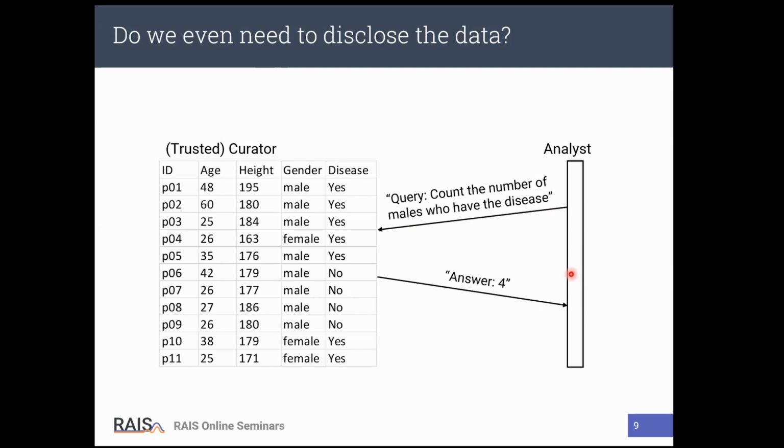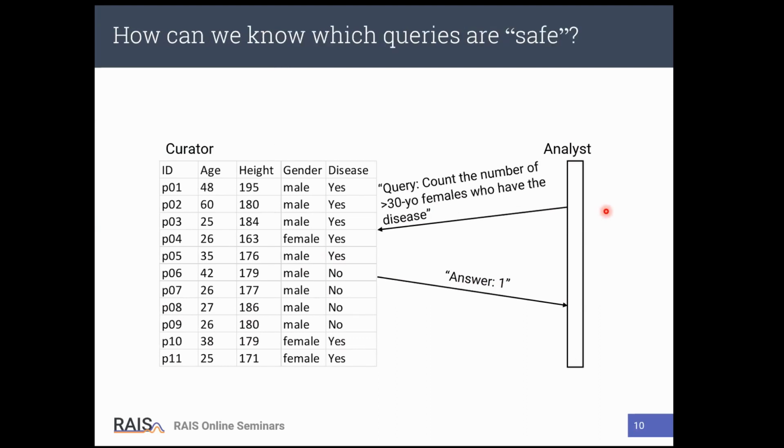And this seems like a pretty straightforward and pretty safe idea. But the problem is that query is a very broad concept, and in principle, there might be many things that can go wrong with this setting. In particular, we don't specify which kind of queries are safe. And the analyst, in principle, could ask very specific queries that have only one answer, like only one user.